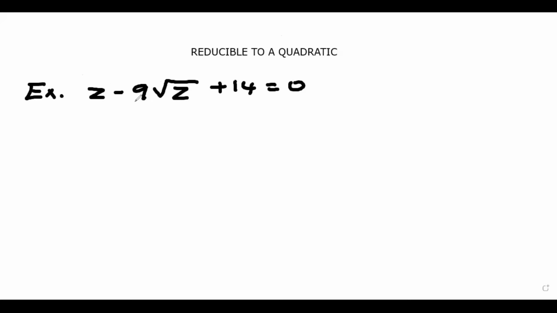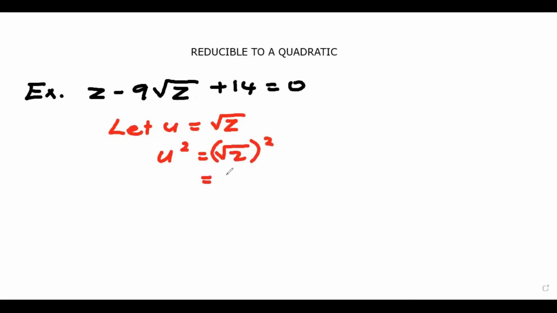Now, the substitution I would use here is let u, or any letter or variable, be equal to root z. That means, squaring both sides, you'd get u squared to be equal to z.